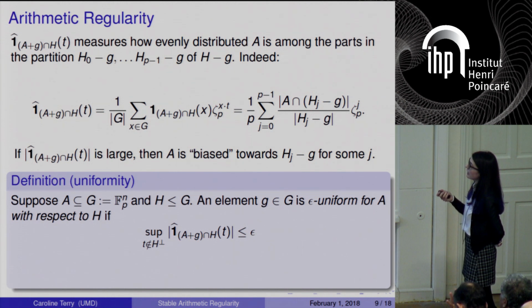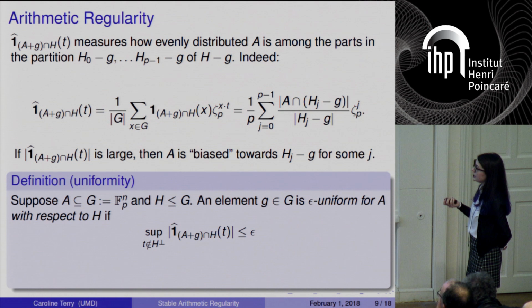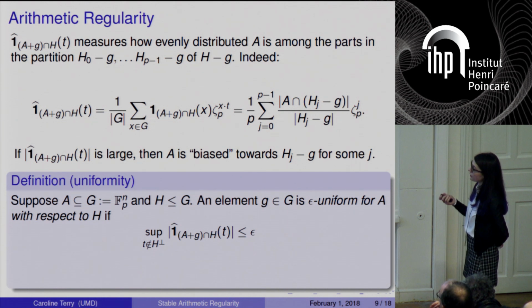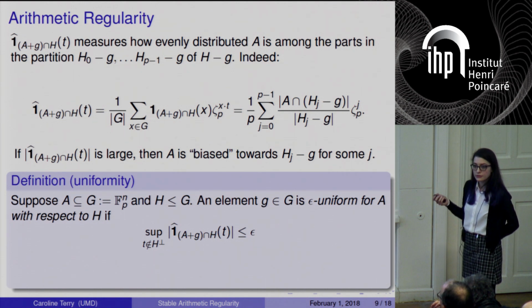So if you give me a set A and a subgroup H and an element G, I say that G is epsilon uniform for A with respect to H if all of these Fourier coefficients are at most epsilon.